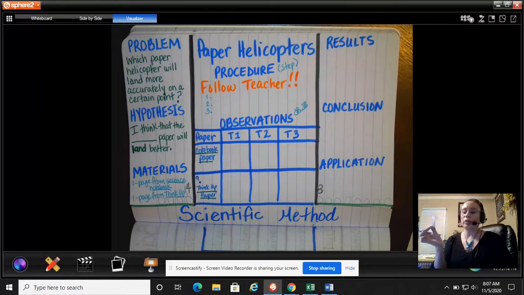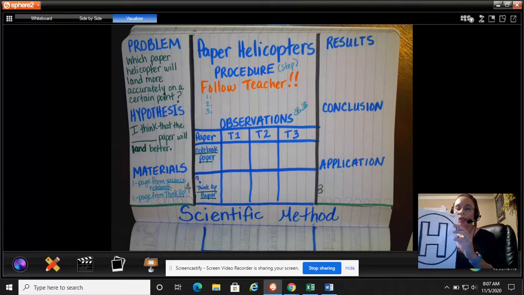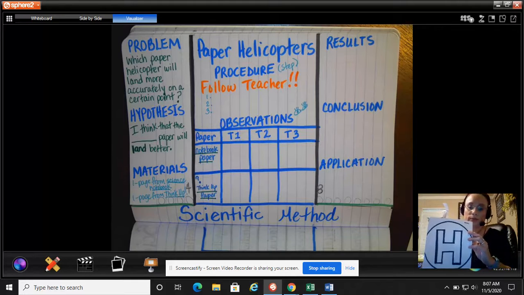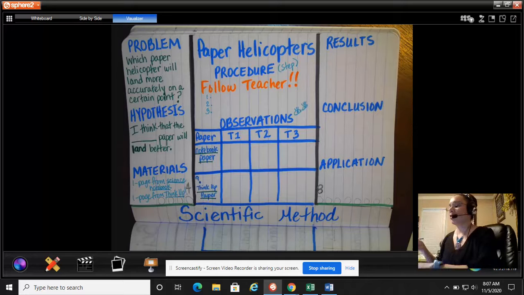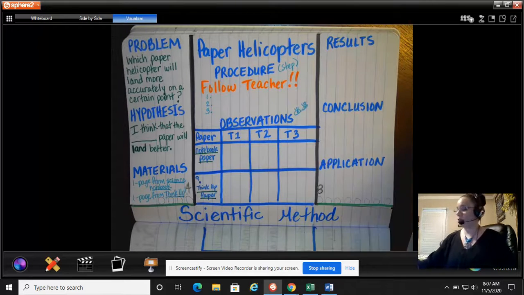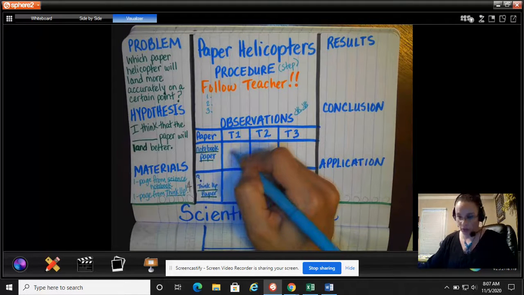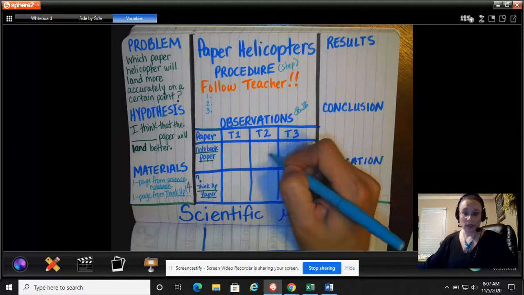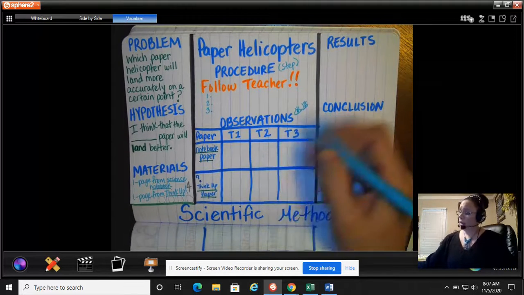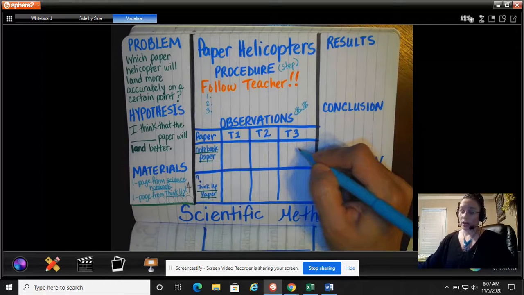So I have this done with the science notebook paper page. I'm going to land this helicopter on my target. The helicopter has to land on this target. If it does land on this target when I let it go, then I can record that information here on the first time I try it. That's trial one. Then I try it again and I write down what happened, and I try it again and write down what happened.